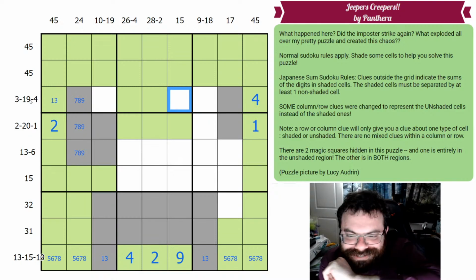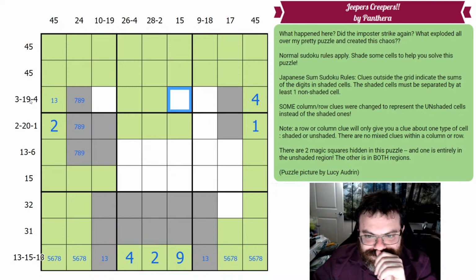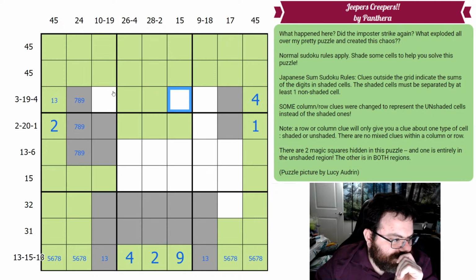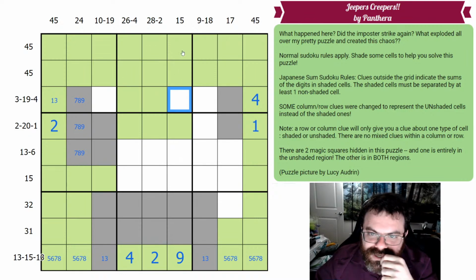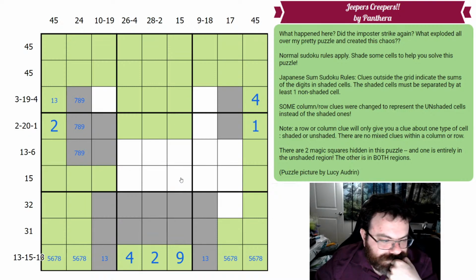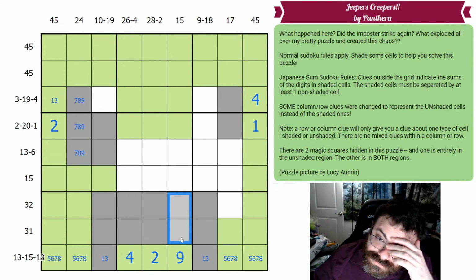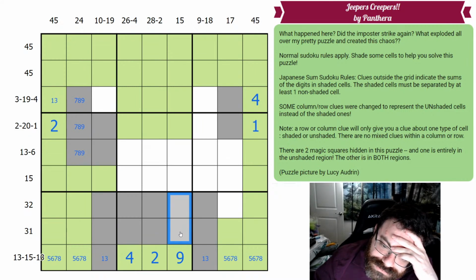Is this a camel, a rhino, or an elephant? Oh, the column. Gotcha. This could be 7, 8.